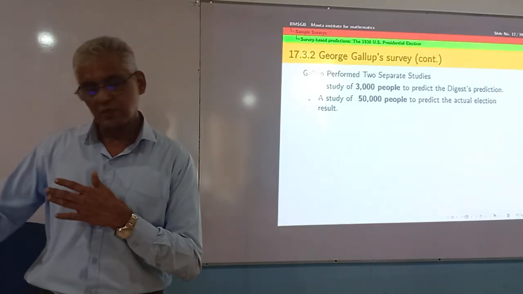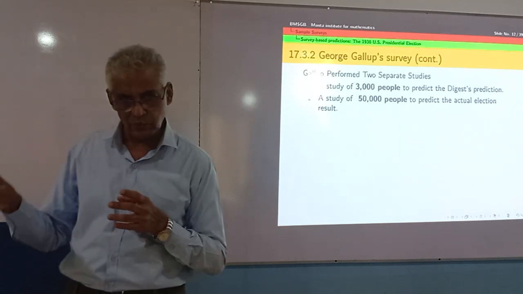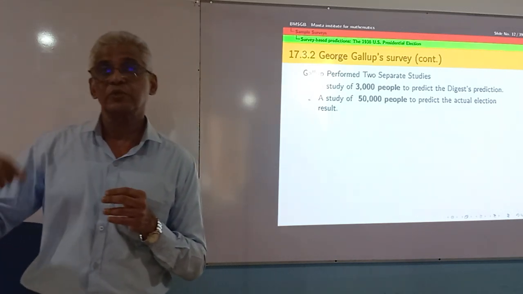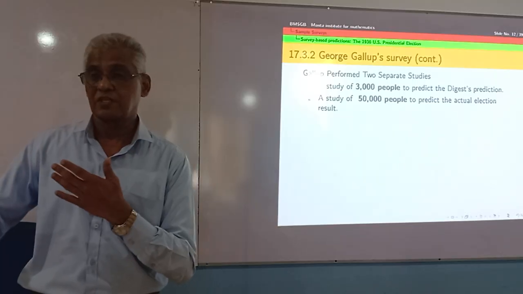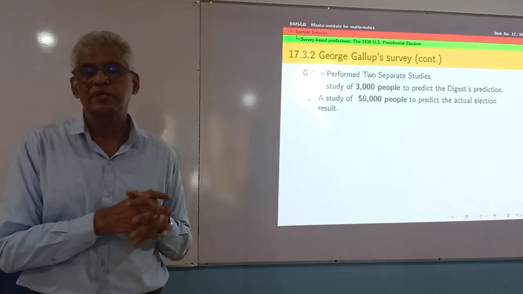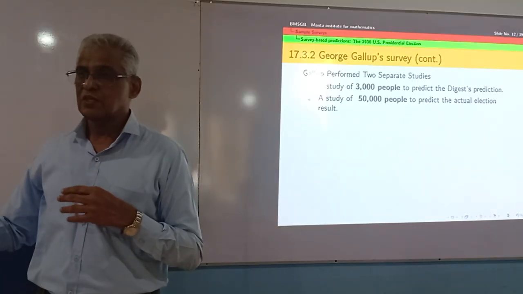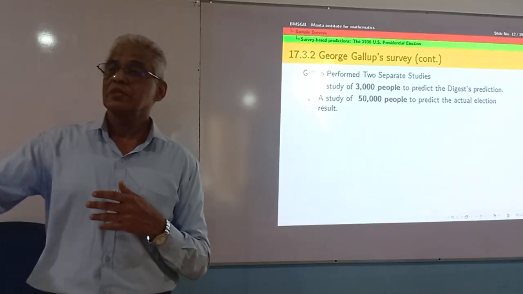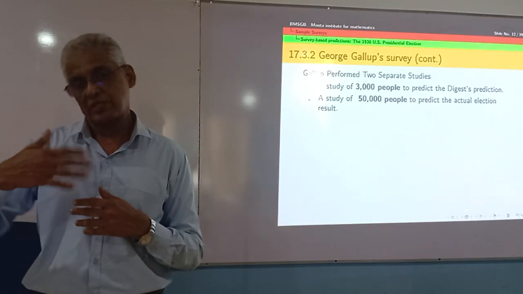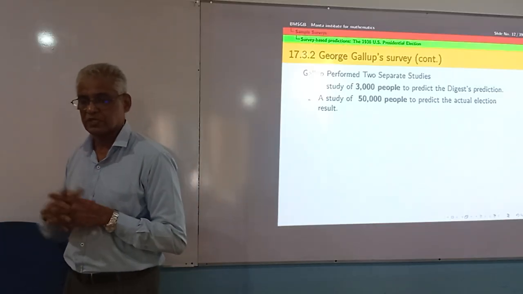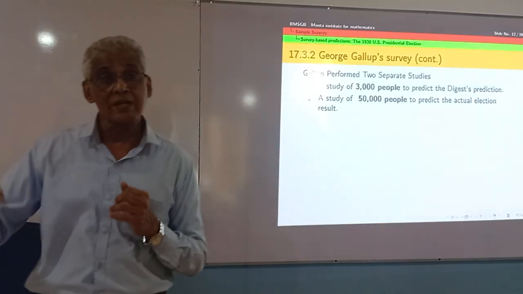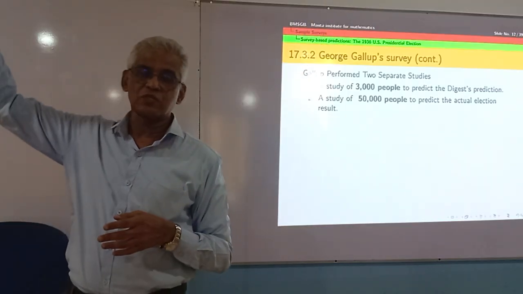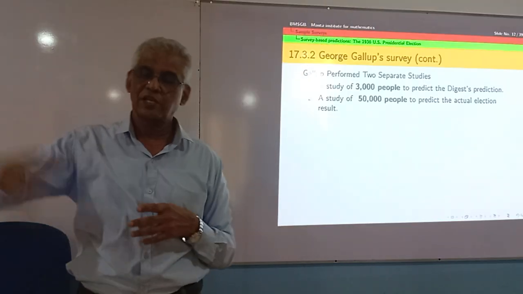For that he used only 3,000 people, but he knew how the Literary Digest was going to get the addresses, from different lists. So Gallup also used the same lists to get the addresses. He also used mail questionnaires, but he got the addresses using a random sampling method. The other people sent questionnaires to everyone in the list, 10 million.